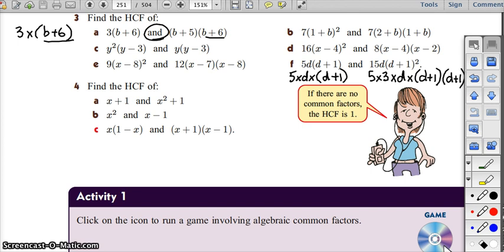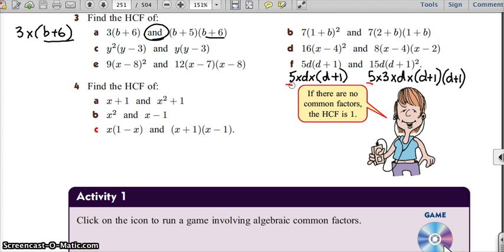Okay. I'm hoping now you can see the importance of expanding it out. And then we want to say the common factors are 5 and 5, a d out the front. Okay. And then d plus 1. Doesn't matter which one you pick. So the common factors here is all of that.